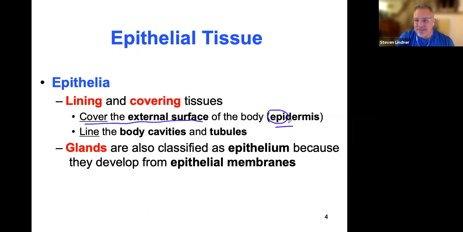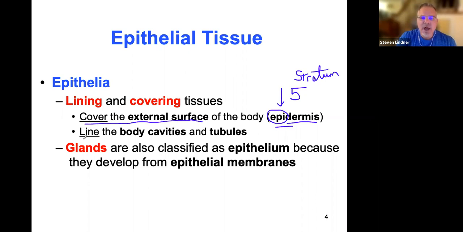So epidermis is the layer that's above the dermis. The epidermis is superficial, the dermis is deeper. When we talk about the skin today, we will discuss the 5 microscopic layers of the epidermis, and they all start with the term stratum, S-T-R-A-T-U-M, like stratosphere, which means layer.